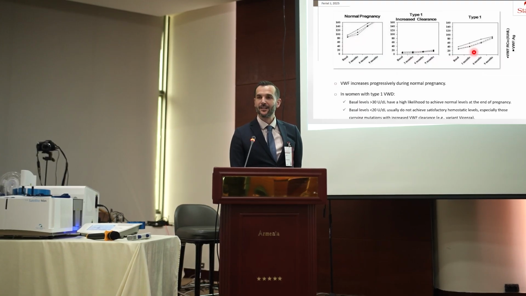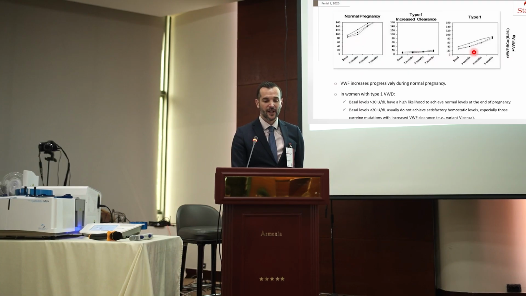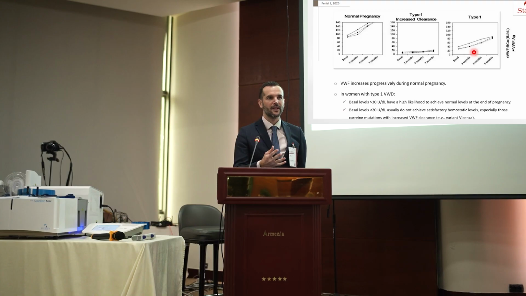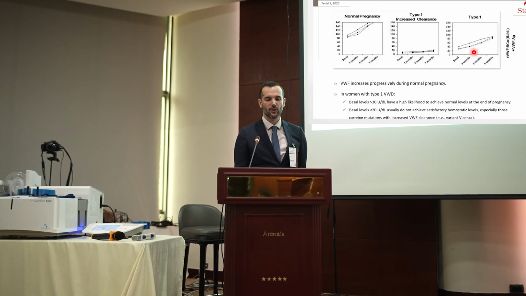Women who have basal levels above 30 units per deciliter have a high likelihood to achieve normal levels at the end of pregnancy. That is to say, these women usually will have normal von Willebrand factor levels, and so in this kind of women, if we do the testing during the pregnancy, you will falsely exclude type 1 von Willebrand disease.